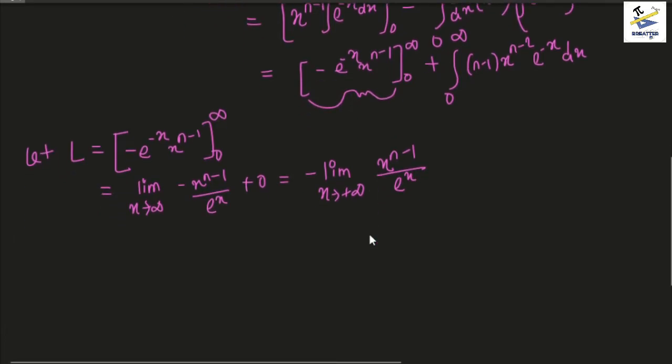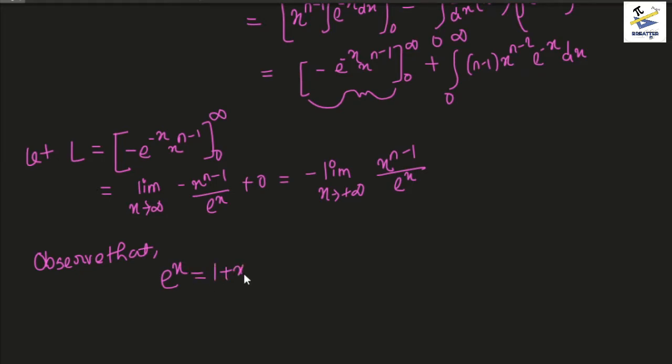Now observe that e to the power x is simply equal to 1 plus x square by 2 factorial plus x cube by 3 factorial.